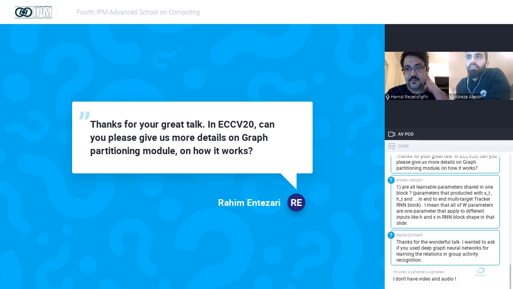In ECCV, in your social activity understanding paper, can you please give us more details on the graph partitioning module and how it works? As I said, during training, we try to make the connections between the nodes stronger by a loss, like a cross entropy loss.